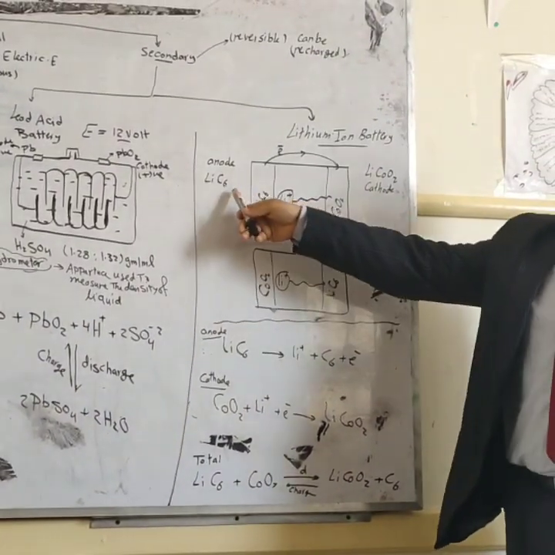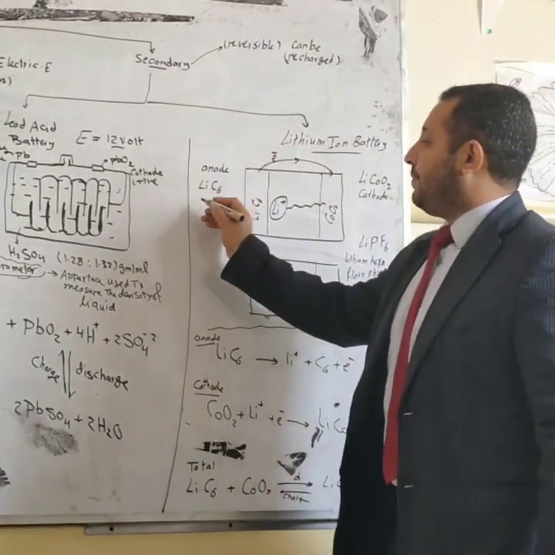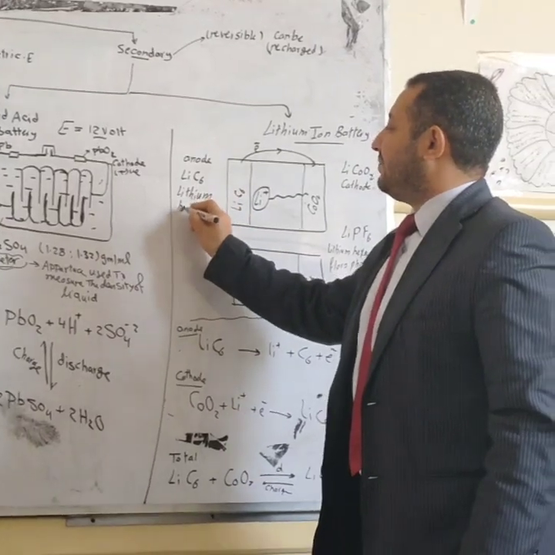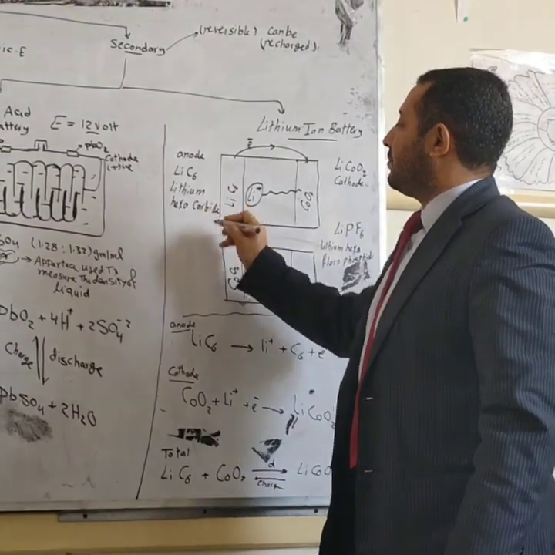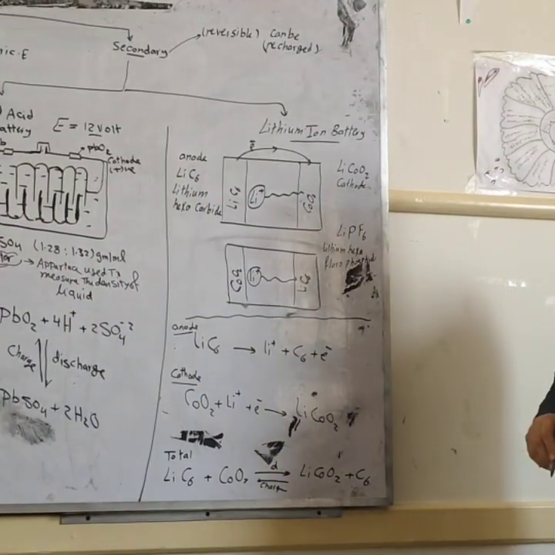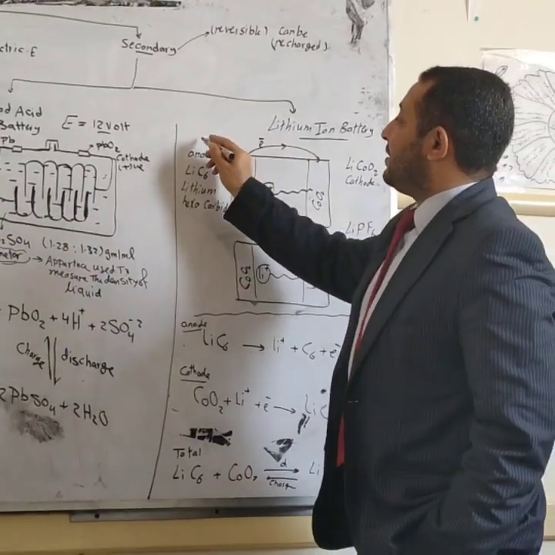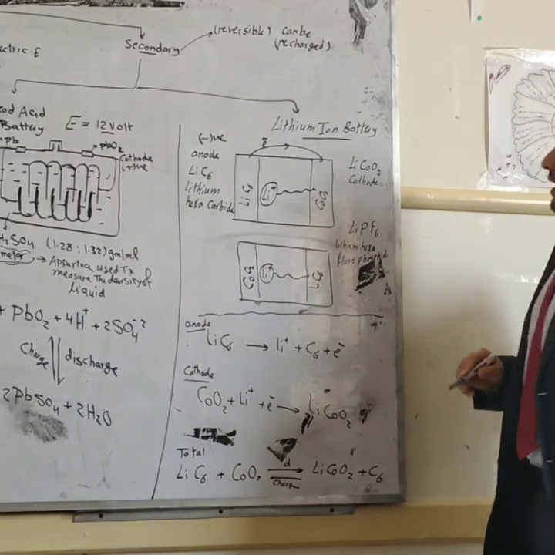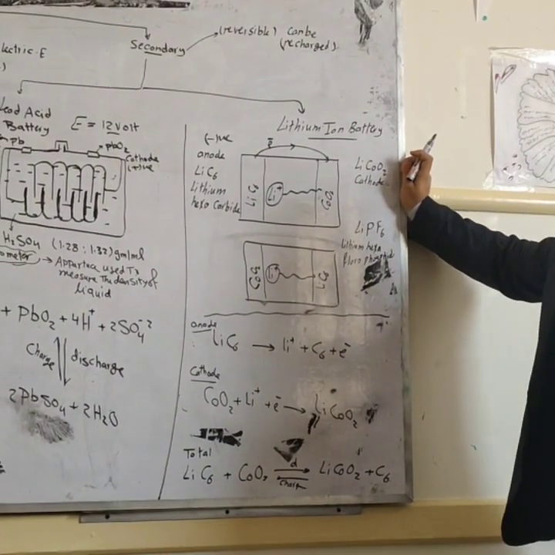Firstly, the anode represents lithium hexacarbide, and the anode in the galvanic cell represents the negative pole. And lithium cobalt oxide represents the cathode.